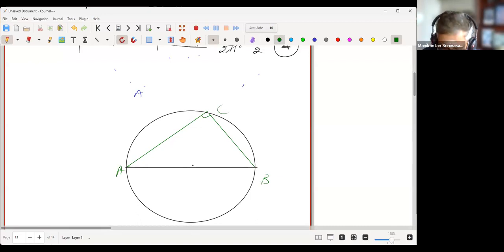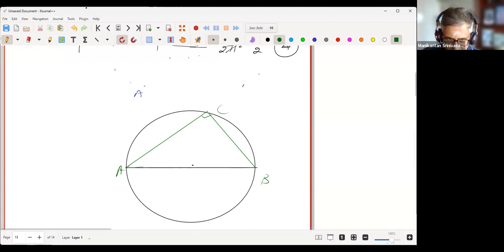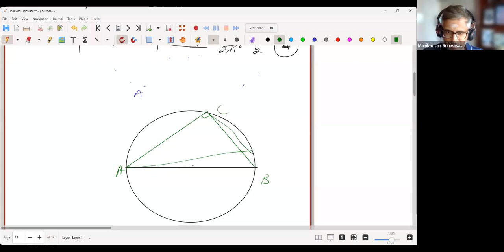If two of them lie on the diameter, it's a semicircle, it's a 90-degree right angle triangle. If all of them lie on the same quadrant, it becomes an obtuse angle triangle. Same idea, we can figure it out, right? 1 by 4, 3 by 4 will come, we can figure it out.